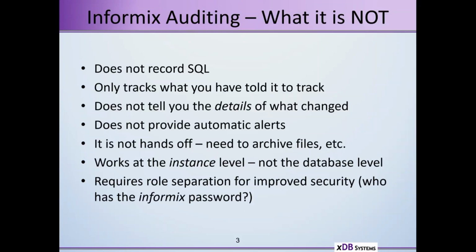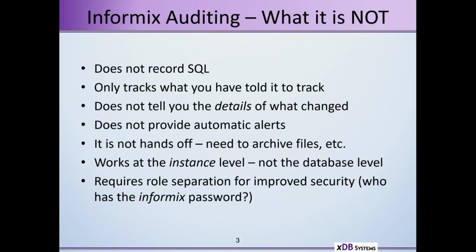Even though it's easy to set up the auditing, you still don't have things like automatic alerts. You do need to write scripts to archive the data, or maybe to parse the auditing data and send emails or send out alerts.